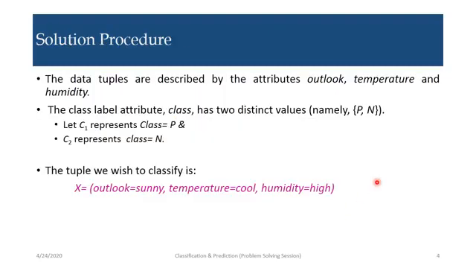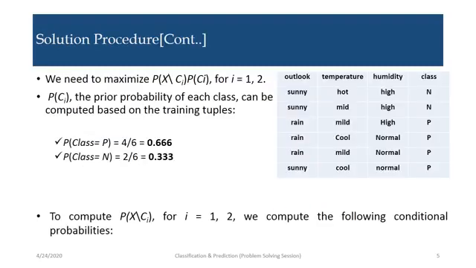Now, the solution procedure. The data tuples are described by attributes outlook, temperature and humidity. The class level attribute class has two distinct values, namely P and N, where C1 represents the class P, that is positive class, and C2 represents the class N, that is negative class. The tuple we wish to classify is X is equal to outlook is equal to sunny, temperature is equal to cool, humidity is equal to high.